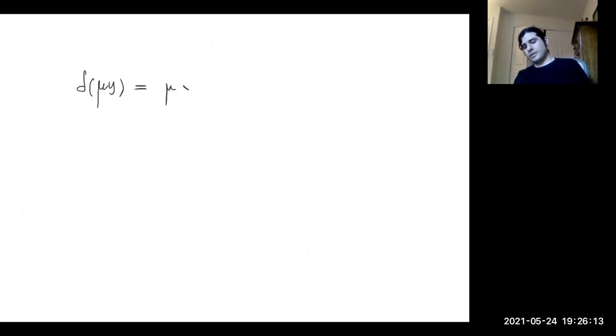Mu x to the 5 dx. Now we can integrate both sides. Again, as I mentioned in the previous example, integral and differential work like the inverse of each other. So the left-hand side would be mu y plus a constant.